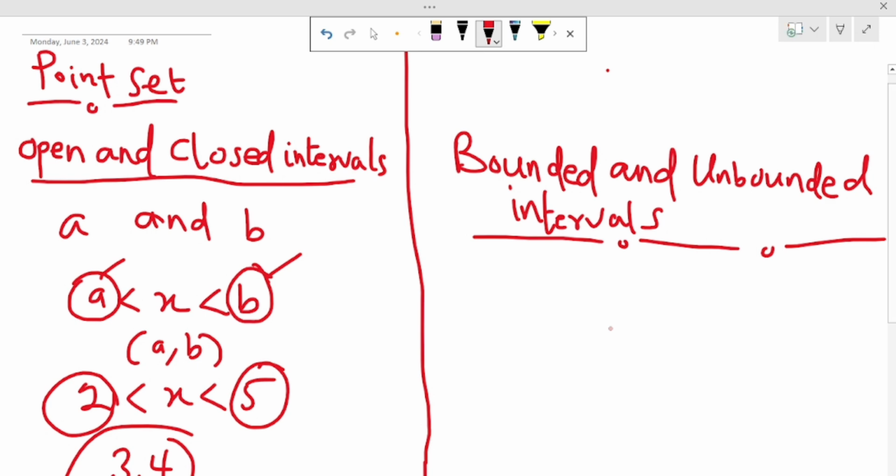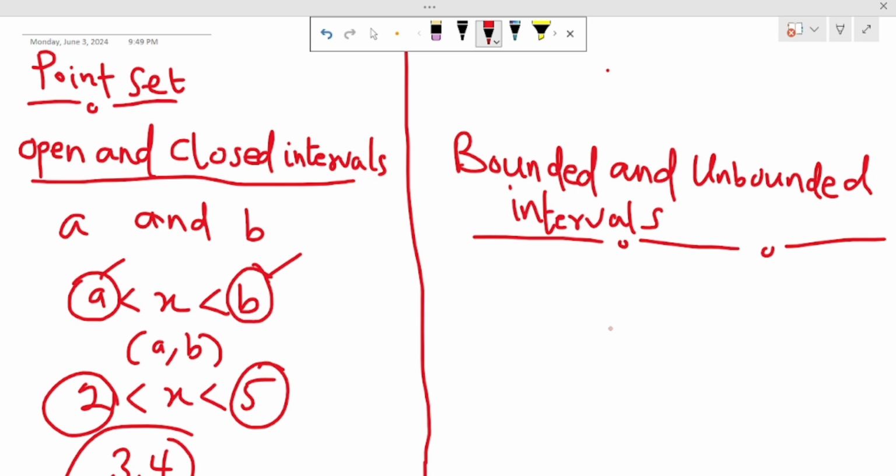Now we come to bounded intervals. For bounded intervals, we have something we call half open and half closed. I've told you that when you hear open, it means that it does not include that bound, either the lower or upper bound. But if you hear closed, it includes that bound that we are talking about.